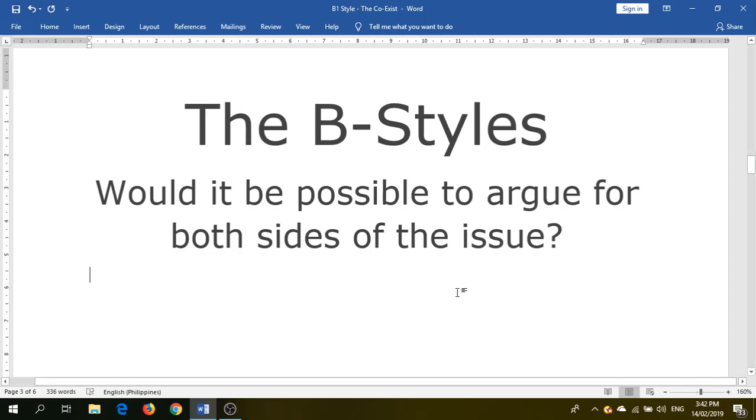So if you remember, there was the A1 style, and then the A2 style. The discovery of the A2 style somehow doubled the chances of the students of passing the IELTS exam. And now, with the discovery of the B styles, particularly the B1, which we will be talking about today, suddenly the chances of the students passing the IELTS exam has now been tripled.